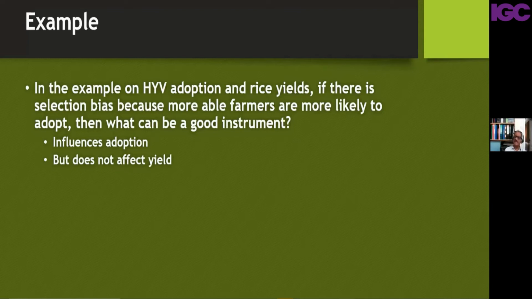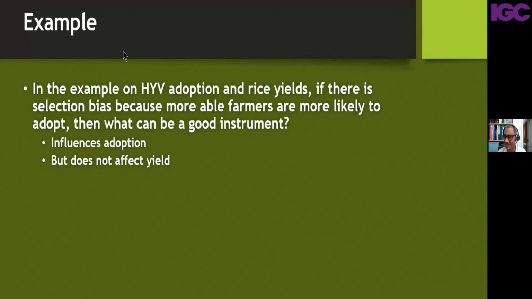You will find in the literature all kinds of instrumental variables, but often you have to make a pragmatic choice because you have to live with the variables available in the data set. You may have only a limited number of variables. So it requires a lot of creative thinking, but if you can get a good instrument, then you can get an unbiased and consistent estimate of the effect of the program.